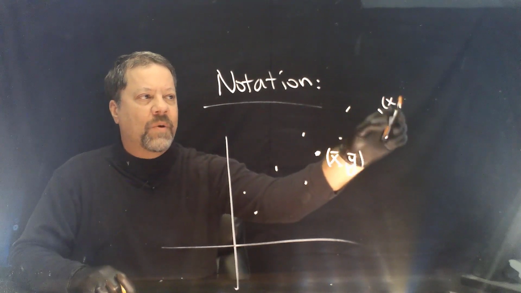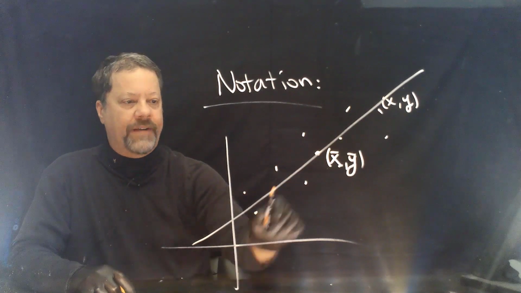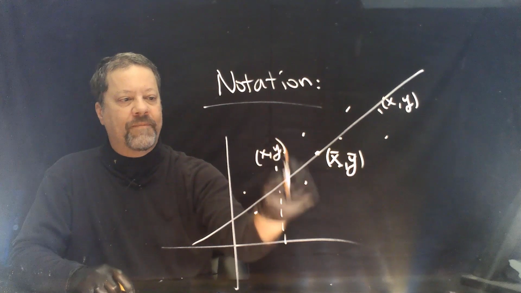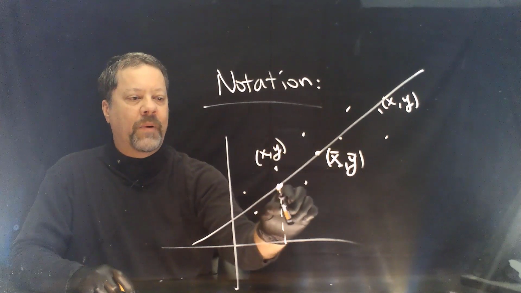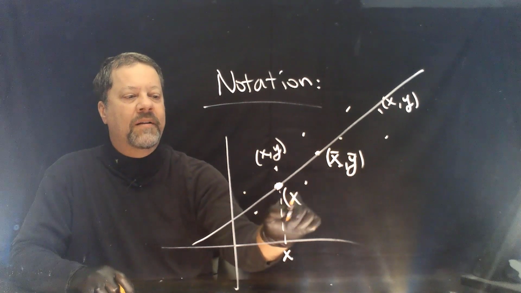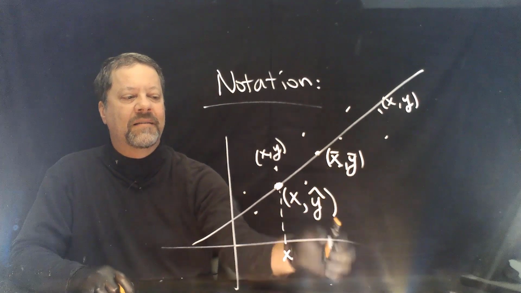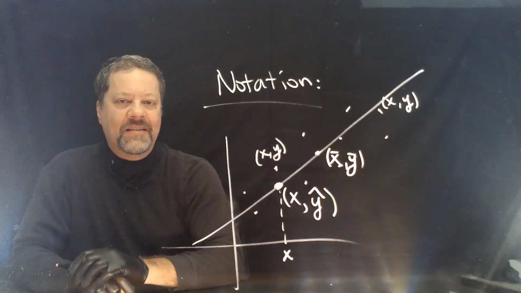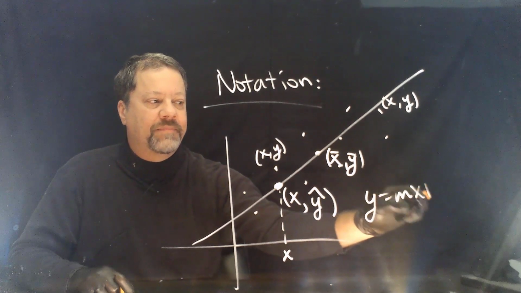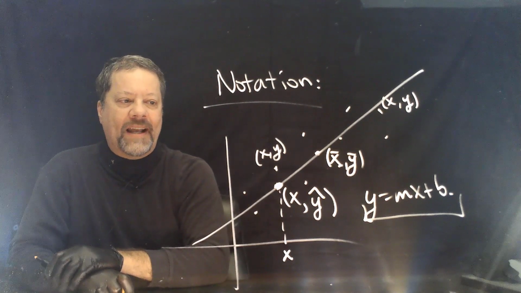Each of these has coordinates x, y. We might have a least squares line of best fit. Let's suppose that this is the point x, y. This point is the predicted point for that given x. We'll have x and then y hat. Y hat will be the predicted value using the least squares line of best fit to calculate that y hat.